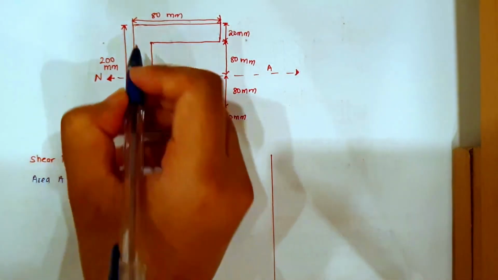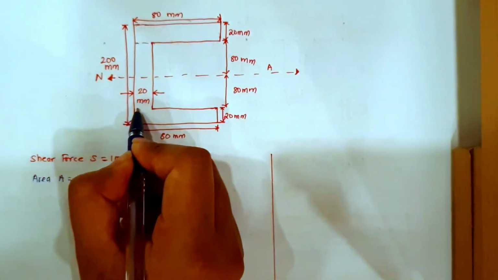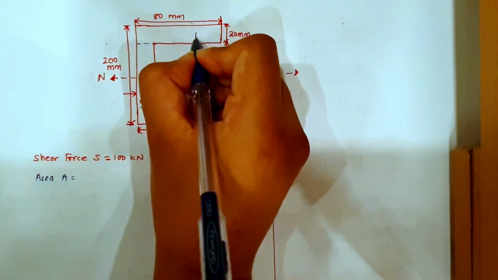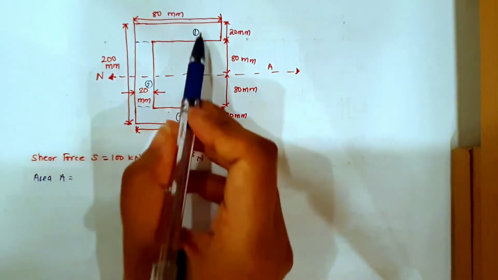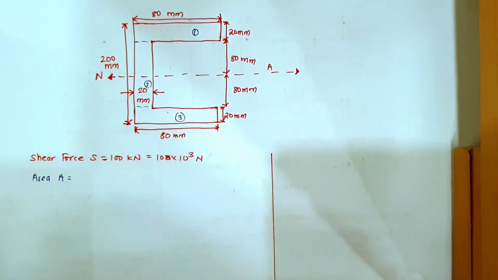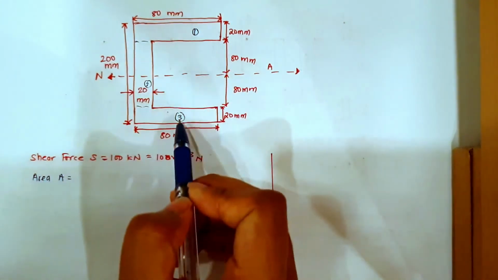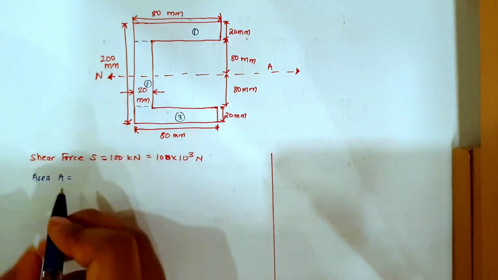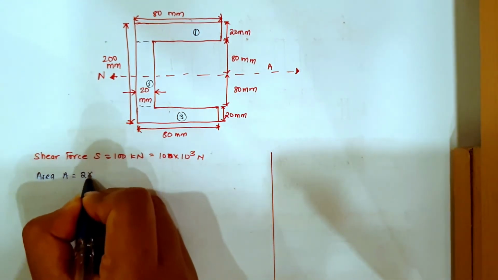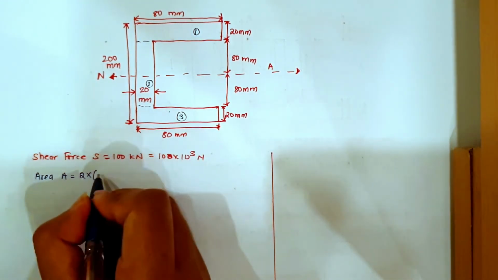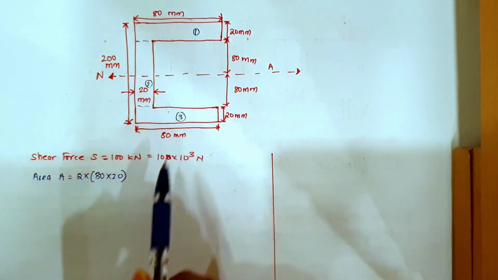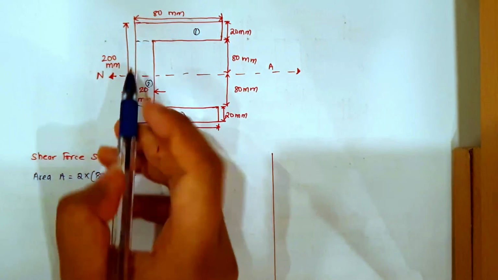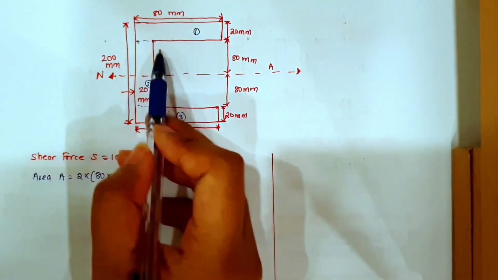Now if I convert this as 1, 2 and third section, 1 and 2 have the same dimension, right? So this 1 and 2 are flanges here, so these flanges have same dimension. So 2 into 80 into 20, this is the area of these two flanges, plus now area of this web portion, only this much.